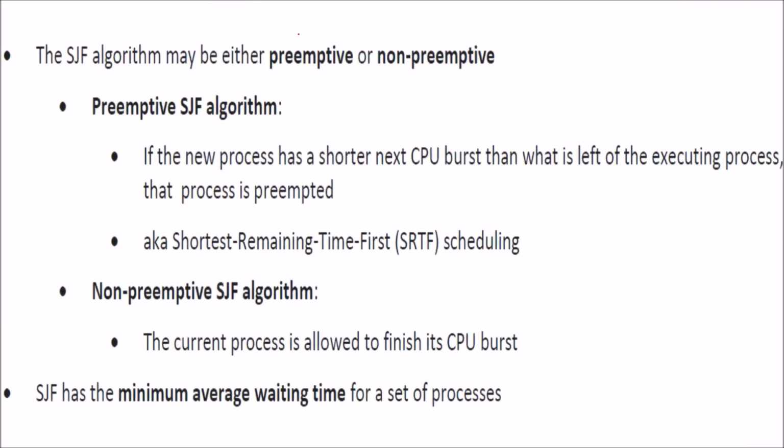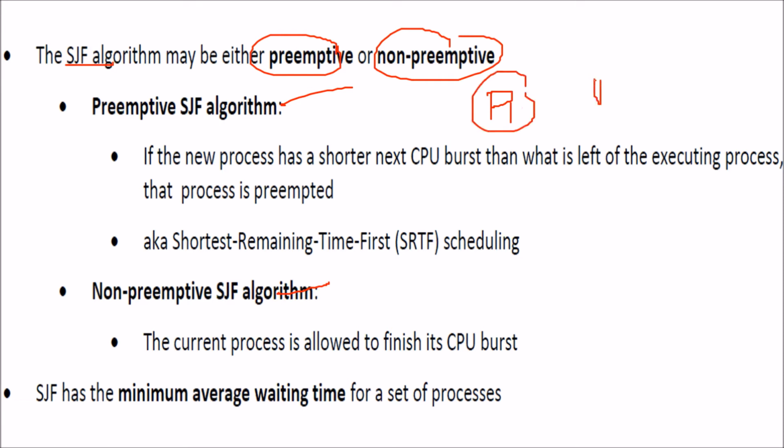There are various ways. The SJF can be either preemptive or non-preemptive. As we said, FIFO, first come first serve, is non-preemptive. SJF can be preemptive or non-preemptive. Preemptive means that if process P1 is running and P2 or P3 comes with a shorter time than P1, P1 will be taken out and P2 will be given a chance, whichever is less.